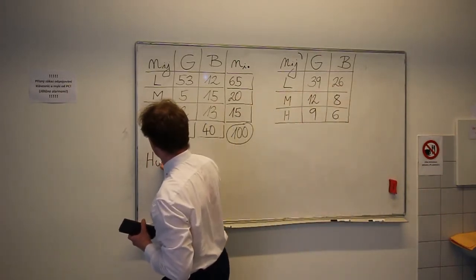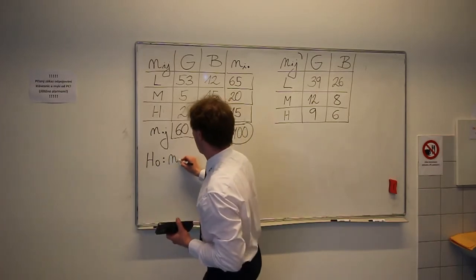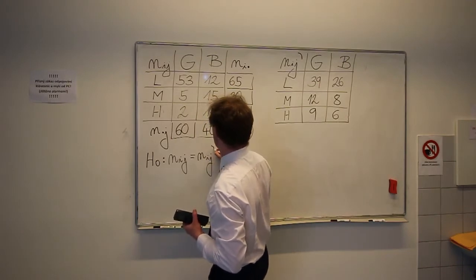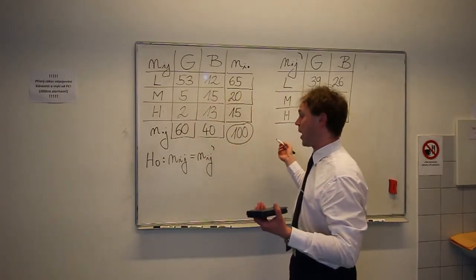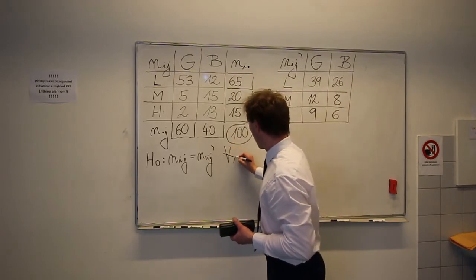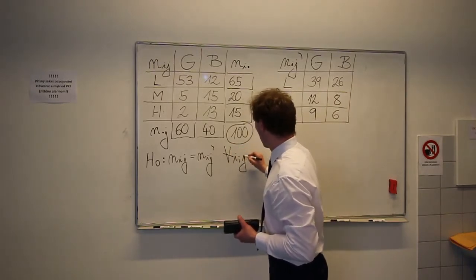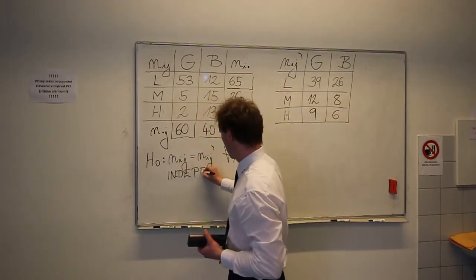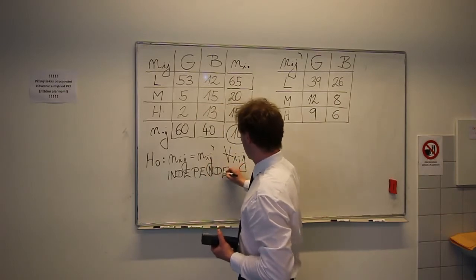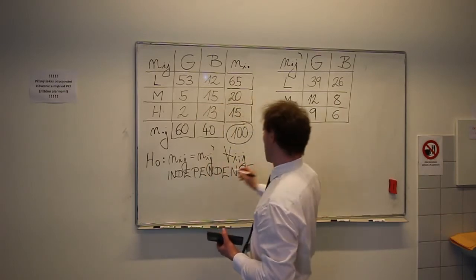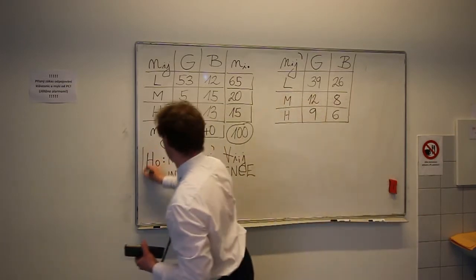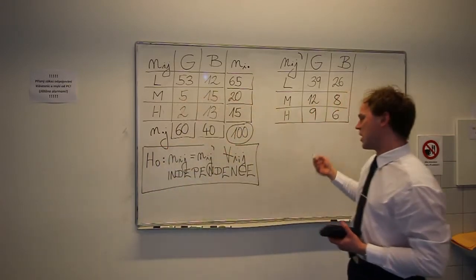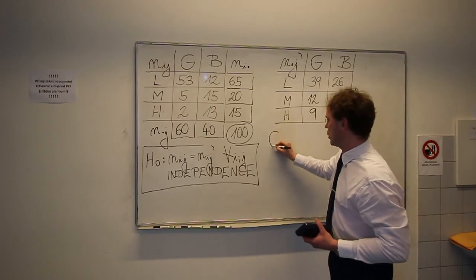So the zero hypothesis is, for example, NEJ is equal to NEJ with stripe for all E and all J. This is independence. Okay, so this is our zero hypothesis, and we need to calculate G.